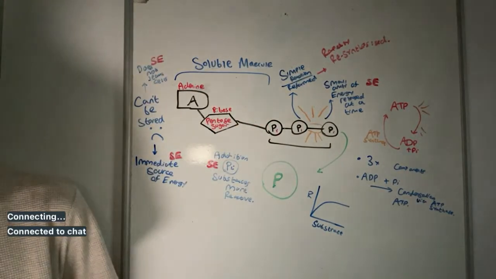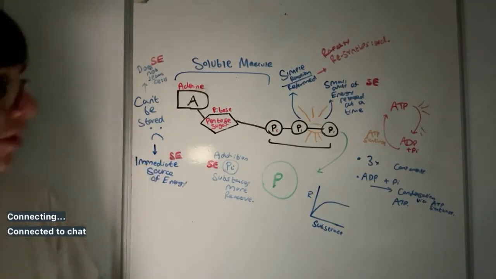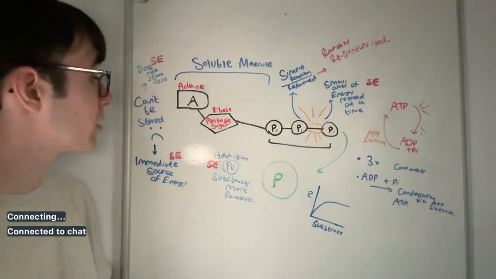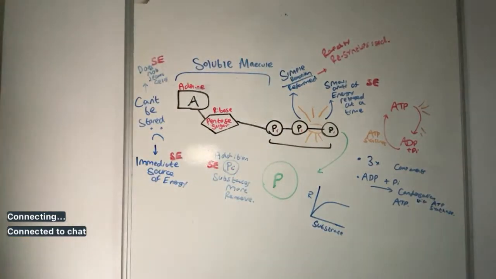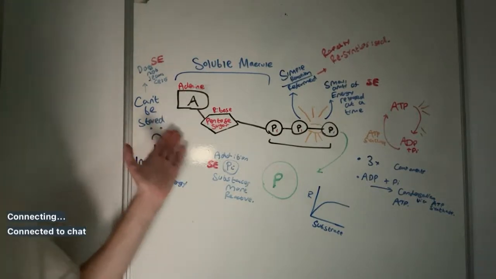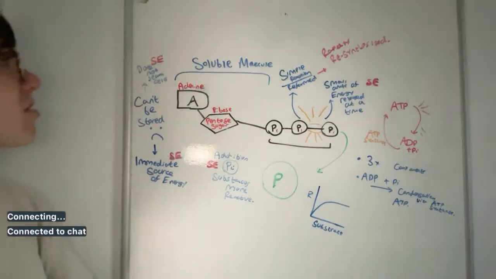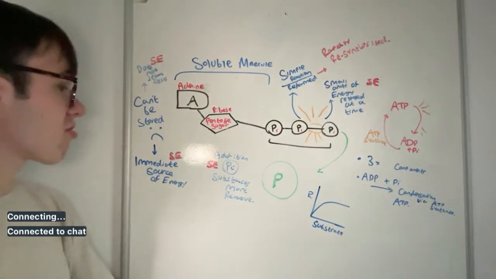Cool. So, that's all I'm going to do today, to be completely honest, because I am going to do some more questions in my own time. I think we've done quite well there. We've done a lot. So, the structure of ATP, we know off the top of our heads. We know that it's soluble. We know that it's an immediate source of energy.